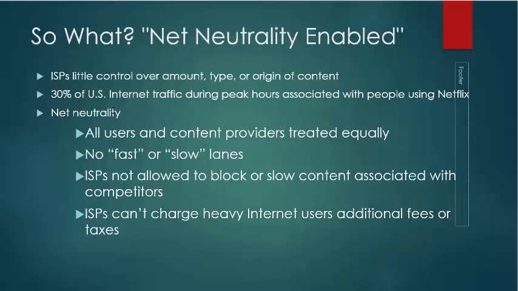Right? So some other things about net neutrality that we currently have is that all users and content providers are treated equally. So there's nothing that's going to be fast or slow, but your internet service provider could throttle things back.